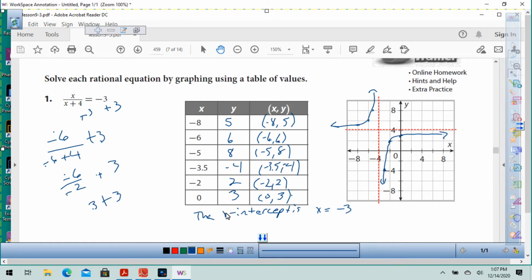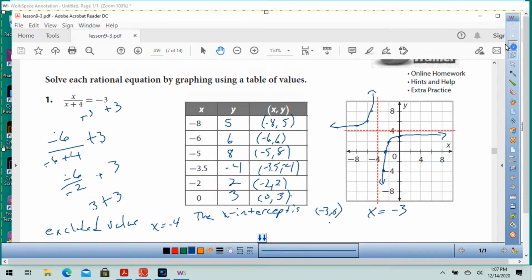That's negative 3, 0, right about in there. And so the solution is x equals negative 3. The excluded value is x equals negative 4. Okay. Good.